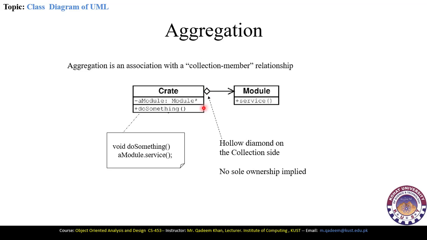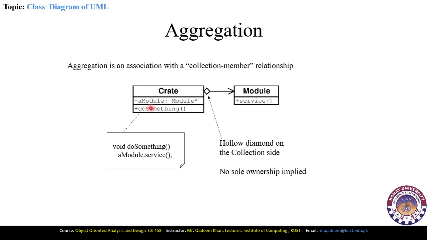Another important relationship is called the aggregation relationship, where the collection is a has-a relationship. Here you can see one is the Create class and the second is the Module class. In the Create class, we have declared or instantiated the private object of the Module class, and doSomething is a function here.